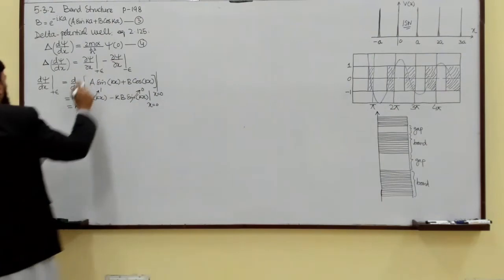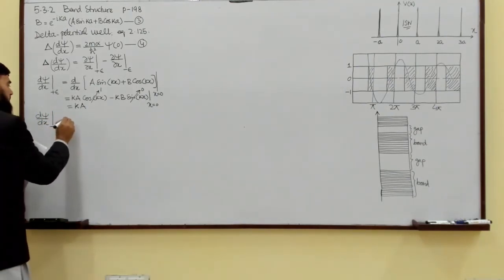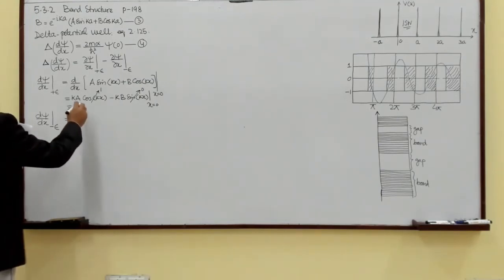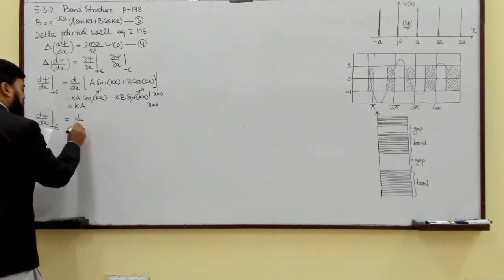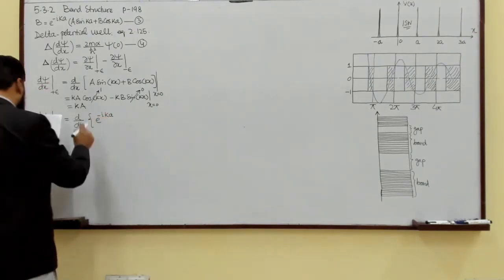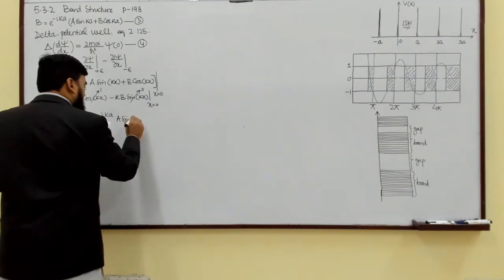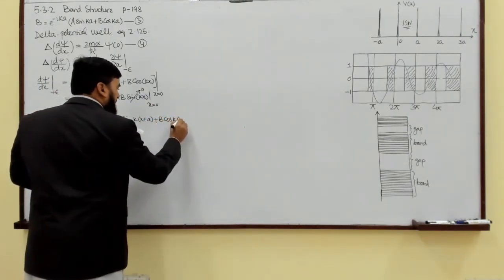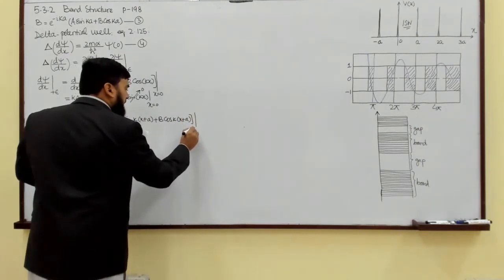So dψ/dx at minus epsilon will be equal to, for the minus side, I will write the other side's wave function, and that is d/dx of e to the power minus iKa times A sin k(x plus a) plus B cos k(x plus a), and this I will have to evaluate at x equal to 0.